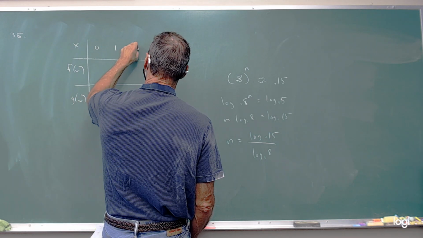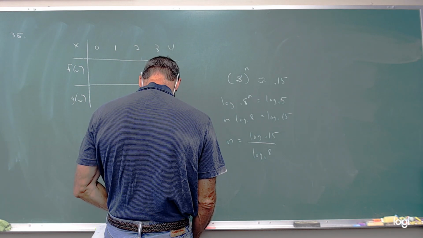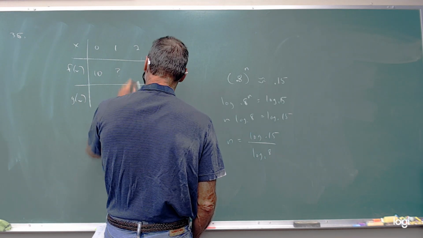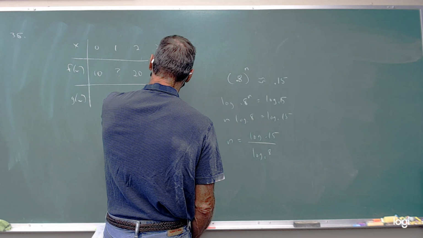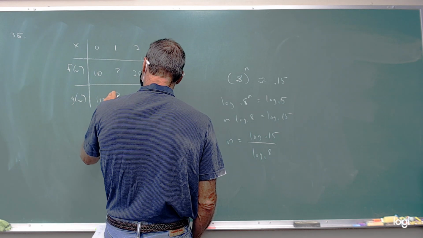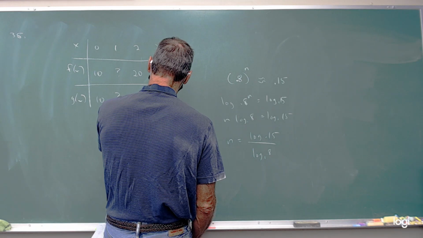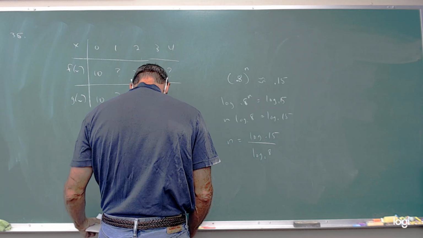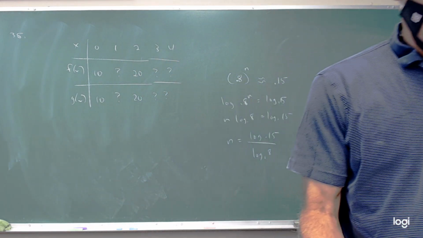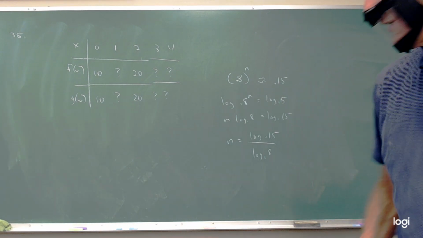And the f is 10, question mark, 20, and then a couple of question marks. And the g is going to be 10, question mark, 20, and a couple of question marks. And so I guess we know that f is linear and g is exponential.